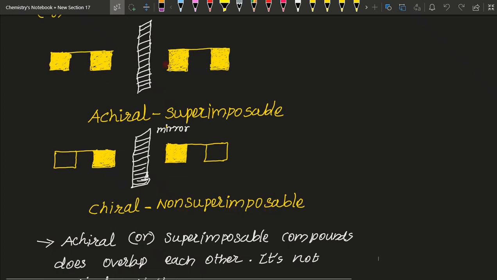This image is going to overlap. This is called achiral, superimposable. This image does not overlap. This is called chiral, non-superimposable.